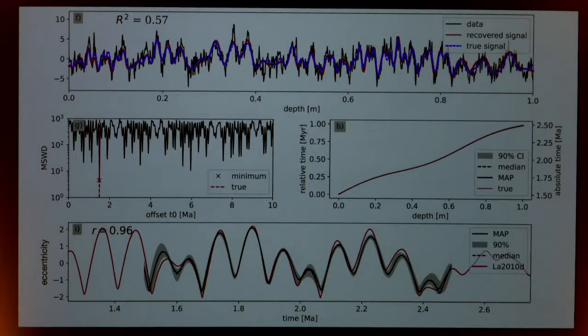And if you look at the original data, at the end, we get the eccentricity curve, which is the black curve here, and we get the correspondence between depth and time in a very precise way. You see, there is nearly no difference between the recovered value and the true value. And here, again, we got a 0.96 correlation coefficient between the value that we input and the recovered value.